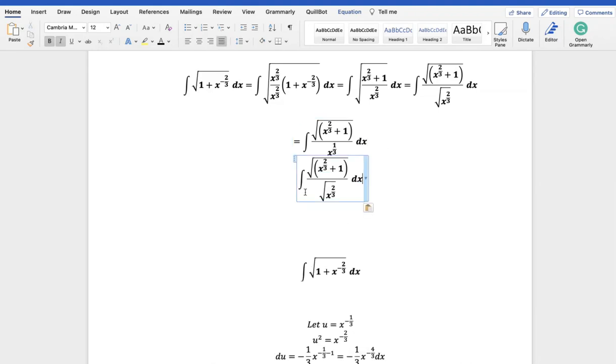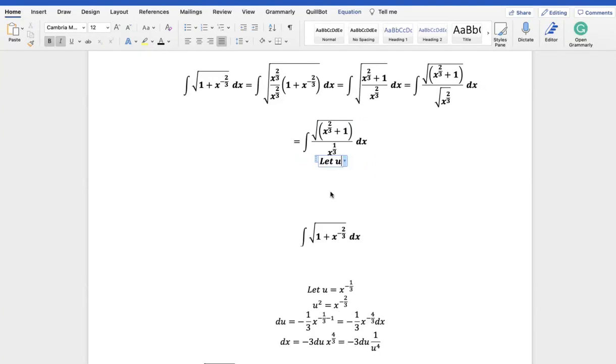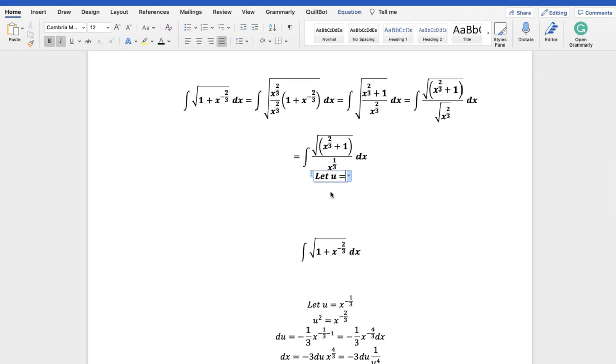And can you guys suggest what u substitution we can use maybe? Is equal to x to the power of 1 over 3. I think we should let x to the power 2 over 3 equal u.